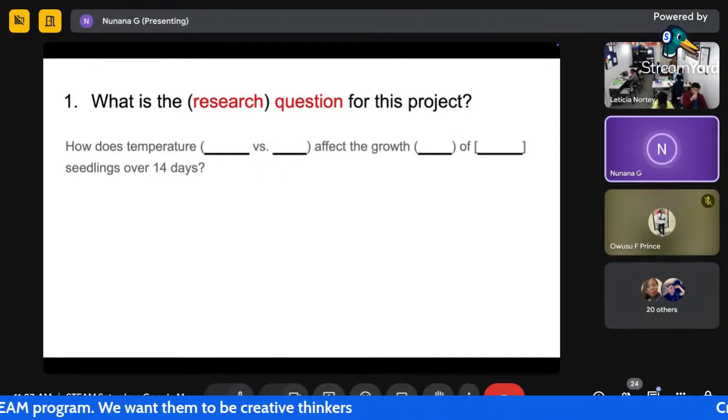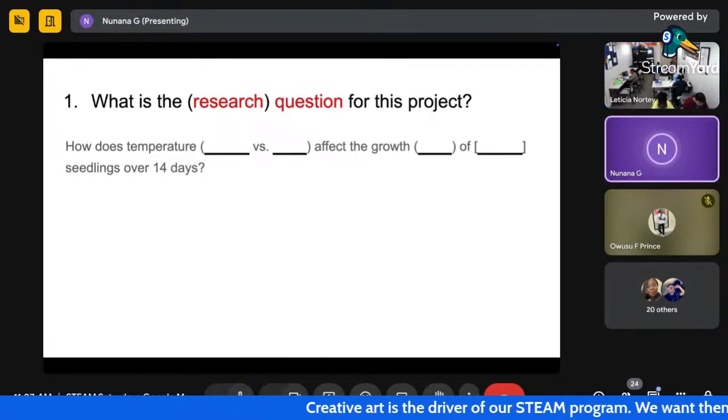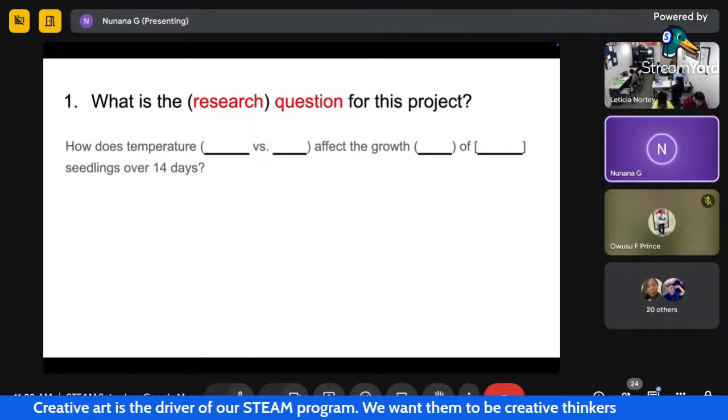So this is the research question for this project. You guys are going to fill it out based on your team. Right?